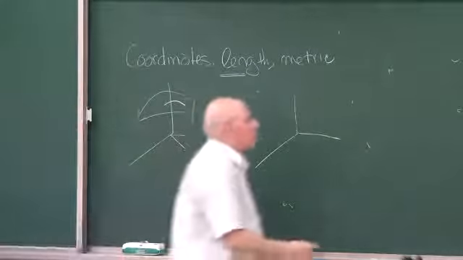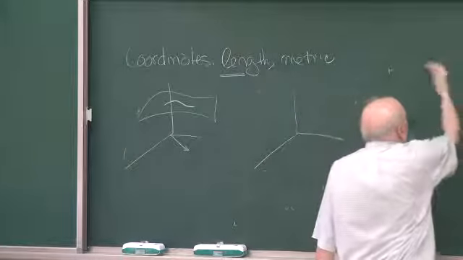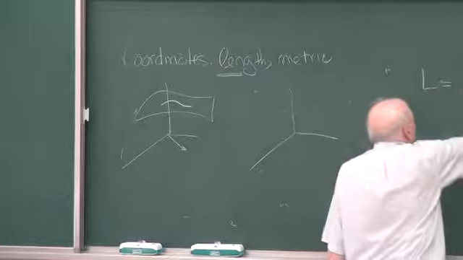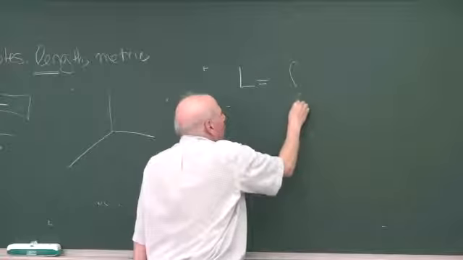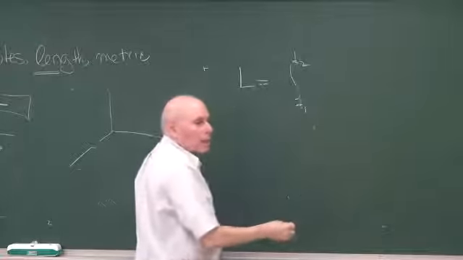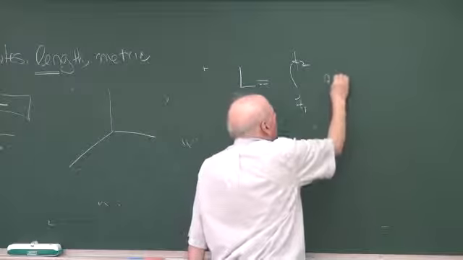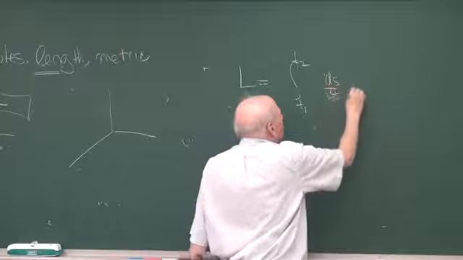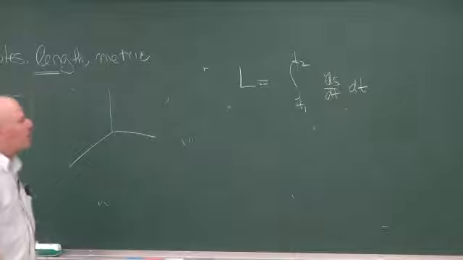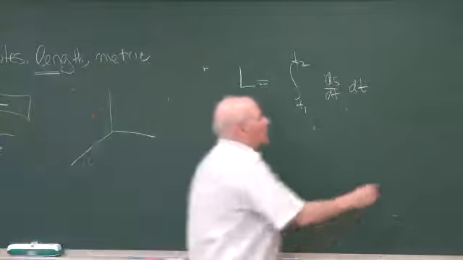Right? So how would we do it? We say length is, by Pythagoras, the integral, if it's parametrized say by t, then it's the arc length formula, ds/dt dt. Not very deep.